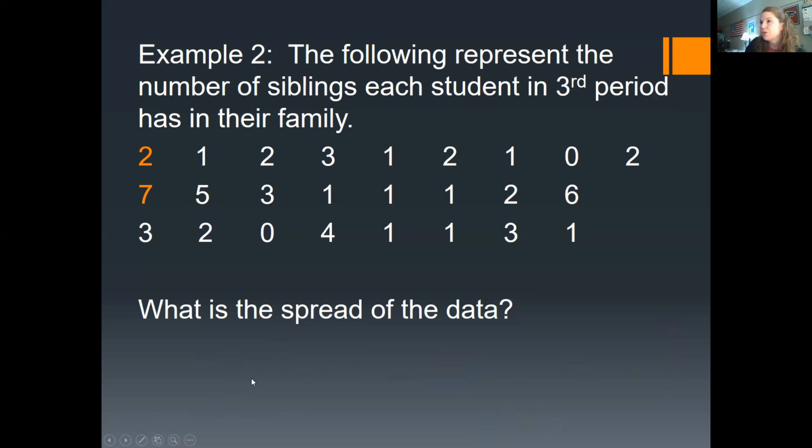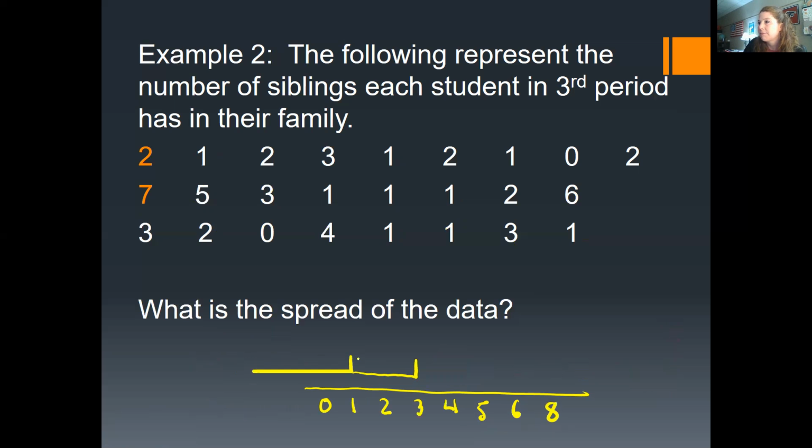All right, so we would do our box and whisker plot by making a number line from 0 to 7. So 0, 1, 2, 3, 4, 5, 6, 7. Our box goes from our lower quartile to our upper quartile, which is from 1 to 3. Ignore that line. I don't know why my pen does that.